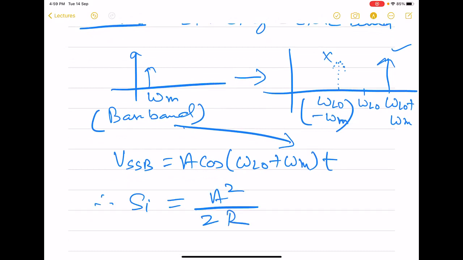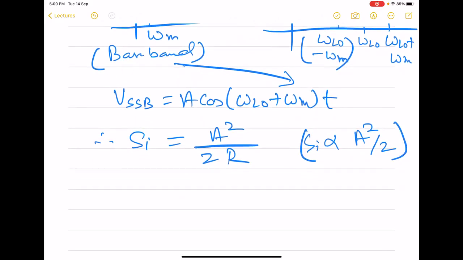You can include R also, or you can say that SI is going to be proportional to A square by 2. Now when this is down converted, we need to know what SO will be. So for that we have to down convert it.